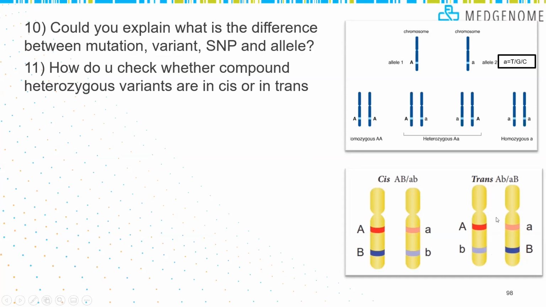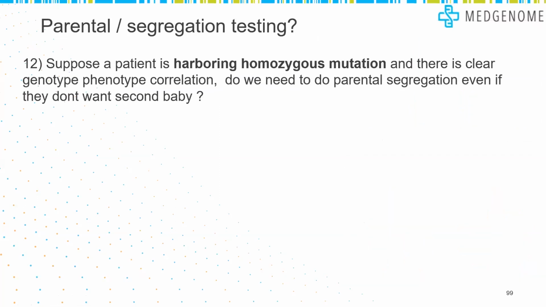So this is what will be known as compound heterozygous, when 2 different variants are found. But if they are found in cis, they have to be ignored and will not be considered compound heterozygous. They are just running together on the same gene or locus. I hope I am able to clear this as much as I could.